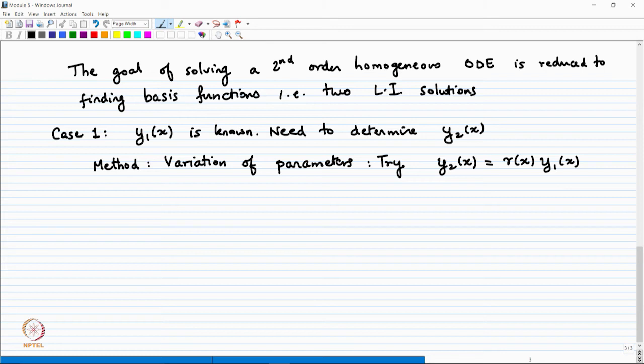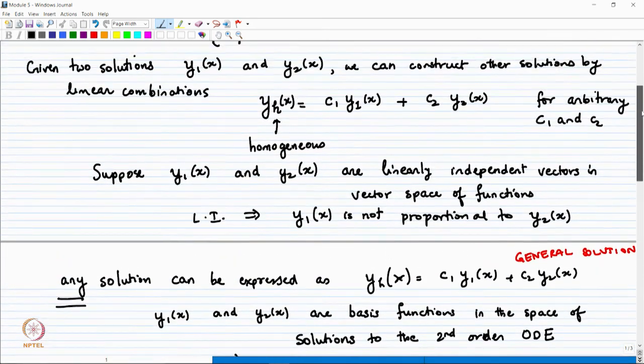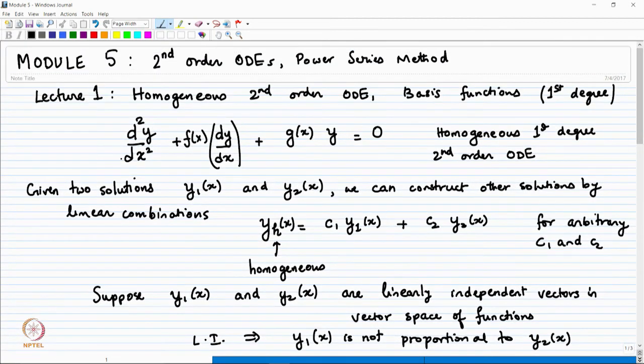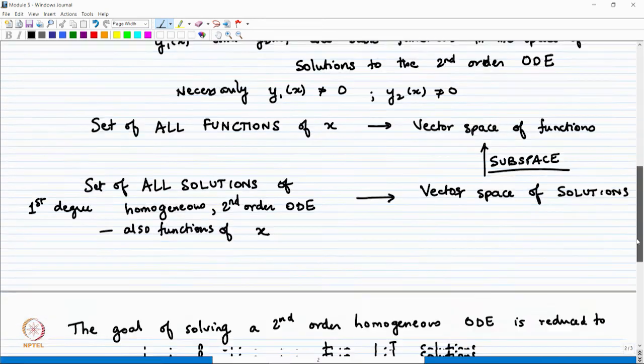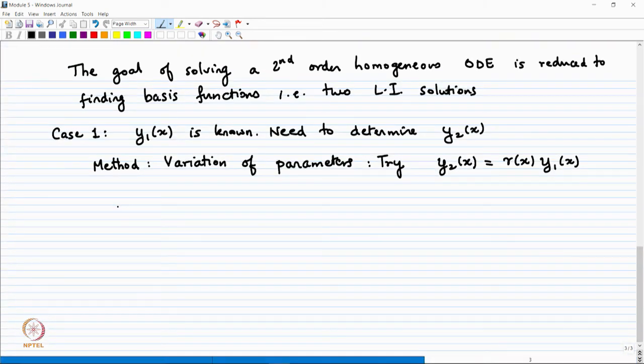Now let us take the differential equation and go back to our original form: the second derivative of y plus f of x times dy by dx plus g of x times y equal to 0. I will write it in very compact notation: d square y by dx square plus f times dy by dx plus g y equal to 0.